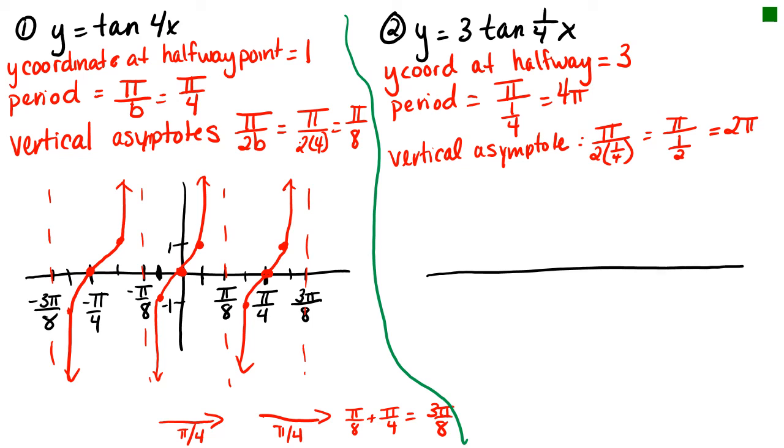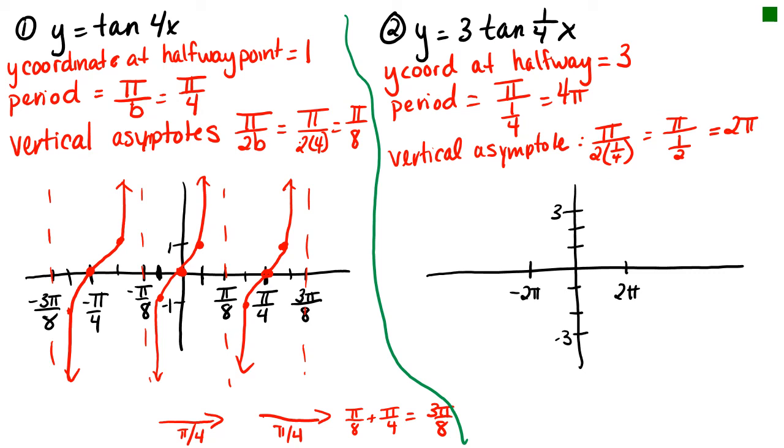This time my swishies are going to be at 3 and -3. Now we're going to figure out our asymptotes are at multiples, at 2 pi and -2 pi.